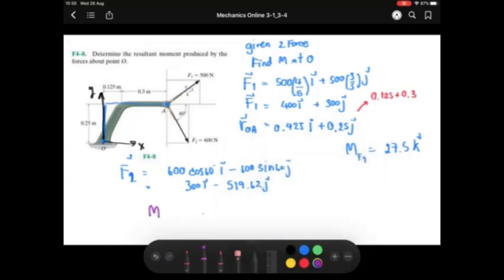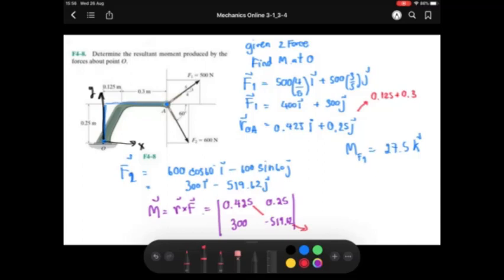So you can write M equal to R cross F, and I will write it in terms of a matrix. Start with vector R, and then vector F here, and you use the concept of determinant.